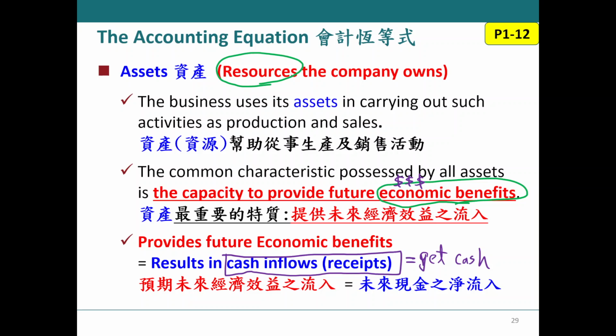So for assets, you have so many different kinds of assets. The same as the companies. Companies have so many different kinds of assets. Today we will tell you 4 kinds of assets. So far, 4 basic assets. First is what? Cash, right?